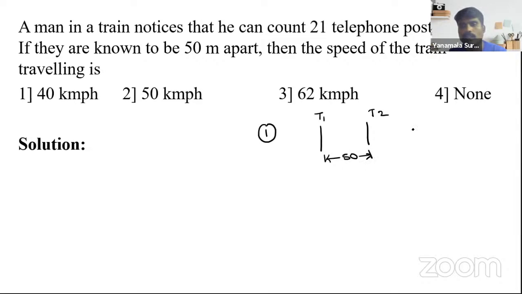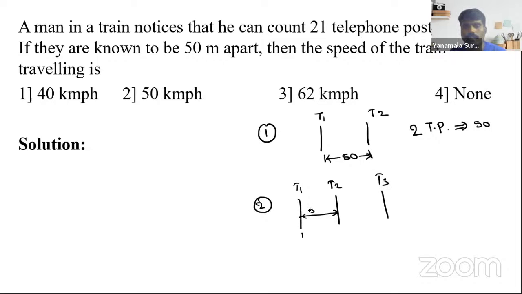Now if I take three telephone posts, telephone post 1, telephone post 2, telephone post 3, so 50, 50, so total 50 plus 50, 100.